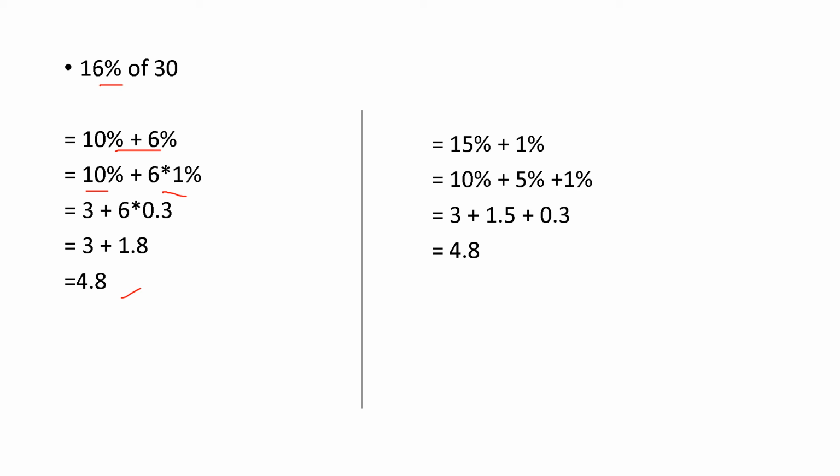One more method, 15 plus 1 percentage. 16 means 15 plus 1. What is 15? 10 plus 5 and then 1. Okay. We know how to find the 10 percentage. Half of 10 percentage of the number is 5 percentage, and then we know how to find the 1 percentage. So you will get answer. So this method you can follow, or this method you can follow. No issue.